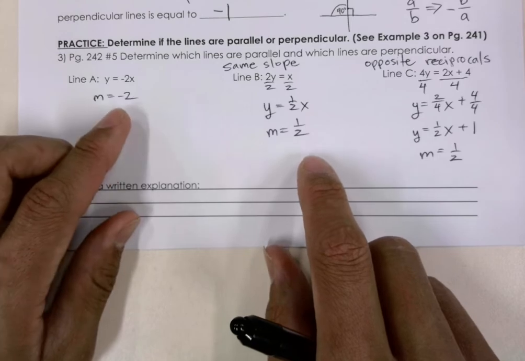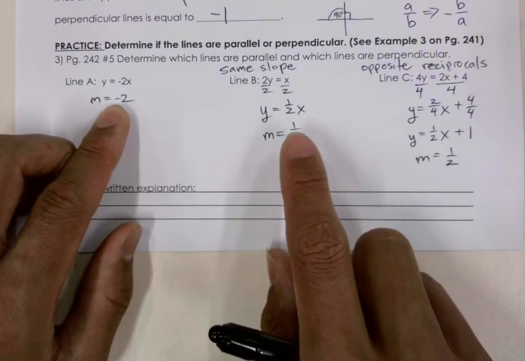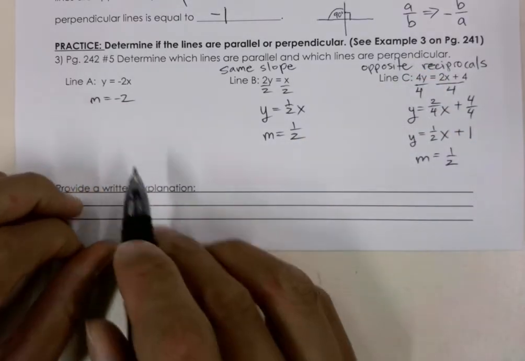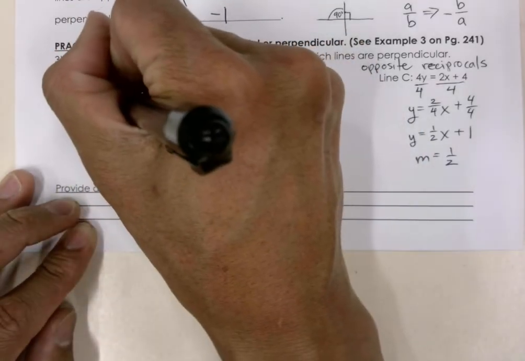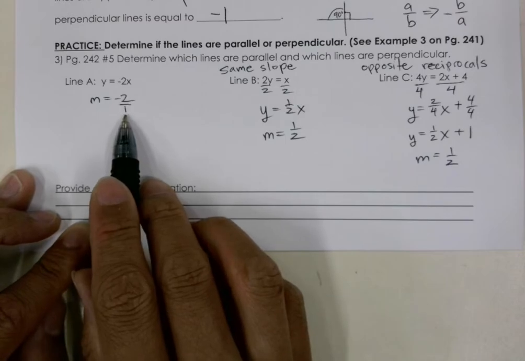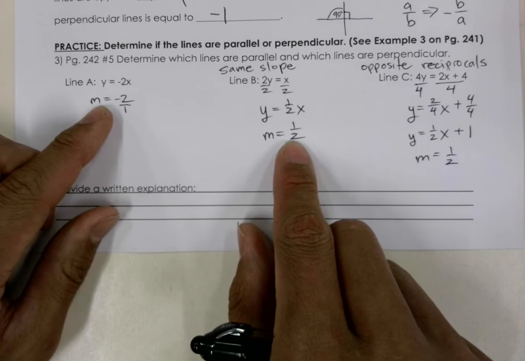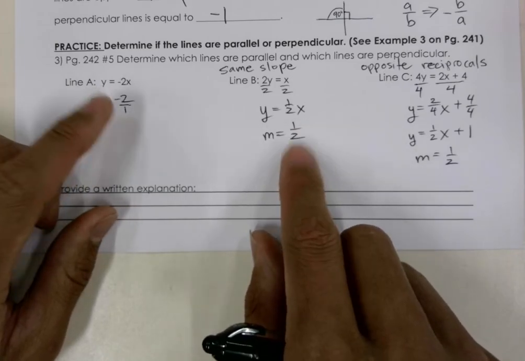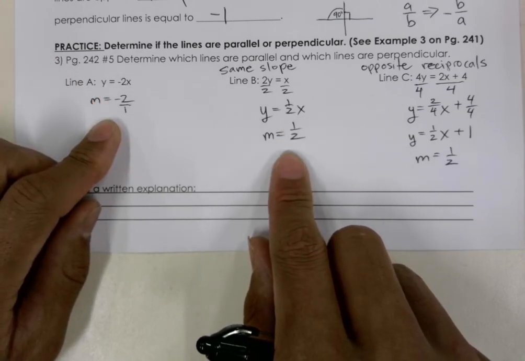Now also notice that line A and line B have slopes that are opposite reciprocals. It's not exactly easy to see, but any whole number can be made into a fraction by putting a 1 underneath it. And so now you can see here that the numerator and denominator are flipped, and the sign changes from negative to positive.